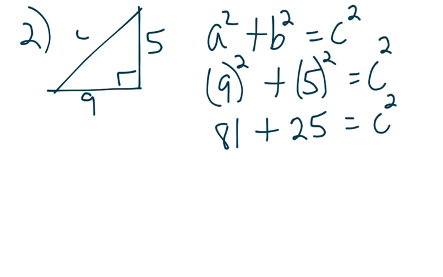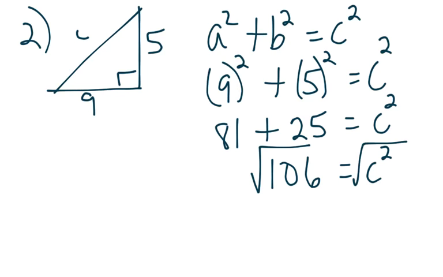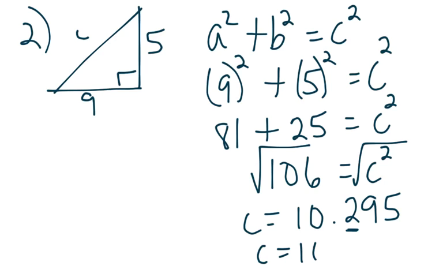That is 106 equals c squared. Then we need to do the square root. The square root of 106 is 10.295, but we're still rounding to the nearest tenth, and because 9 is 5 or more, that means we need to round this to 10.3.